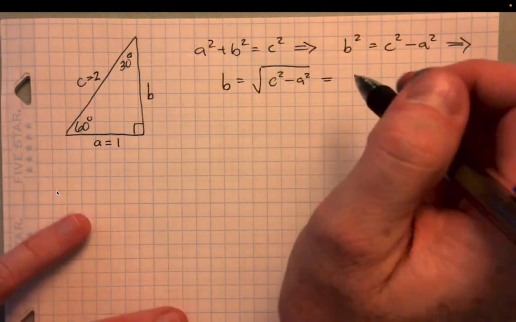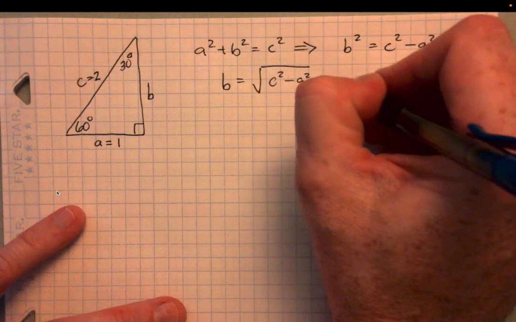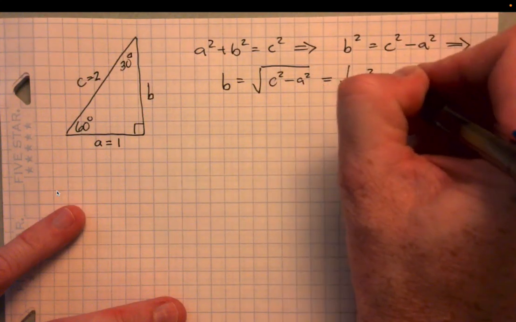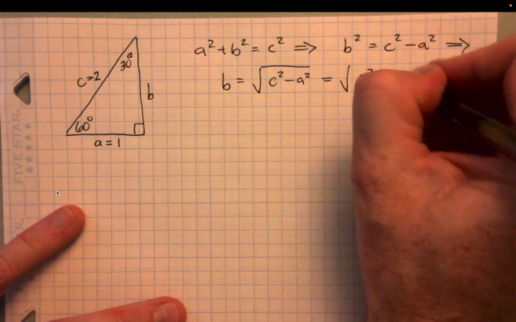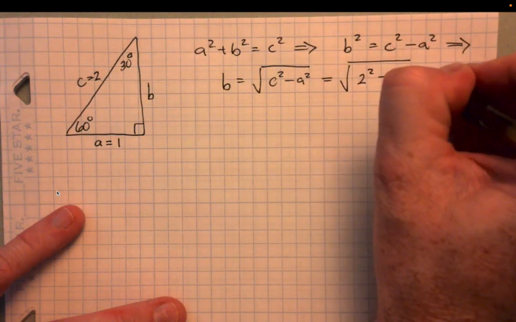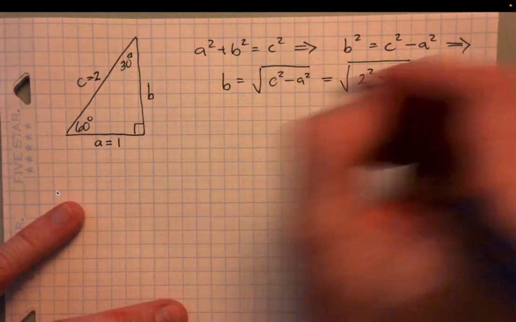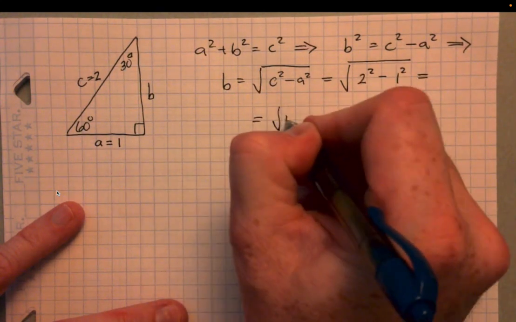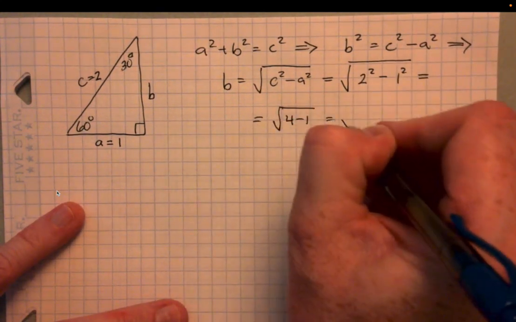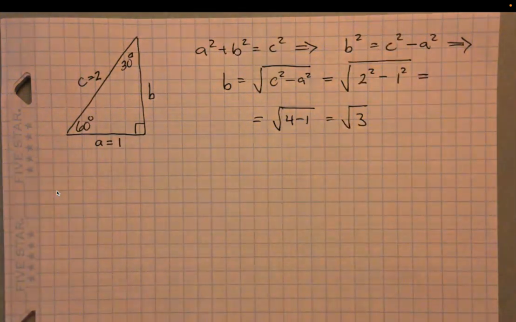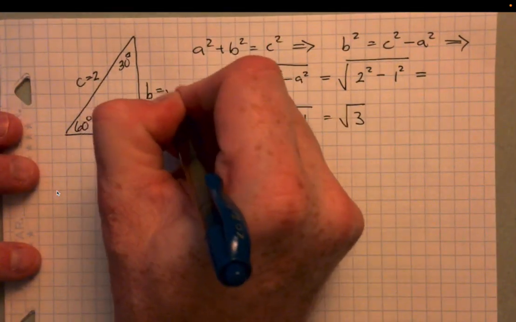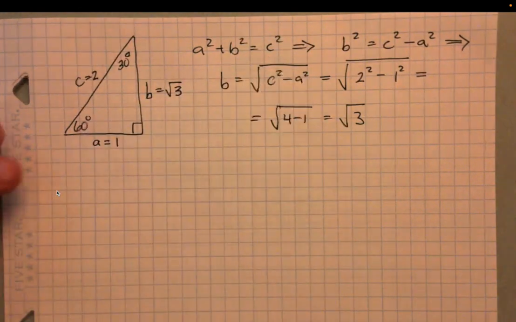And so what are those values? Well, C is 2, so 2 squared, and A is 1, so 1 squared. I get 4 minus 1, and so the square root of 3. That's just the Pythagorean theorem, and so this side here must be equal to the square root of 3.